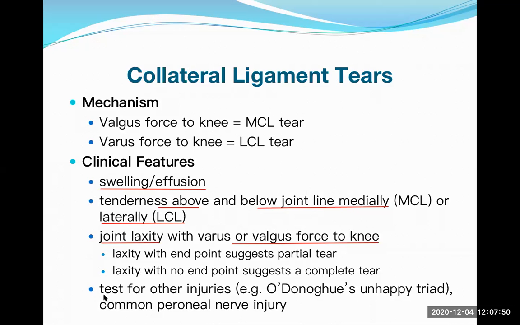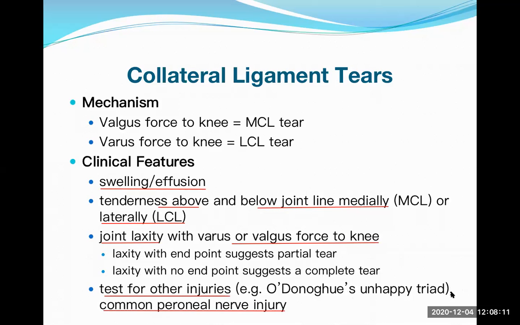At the same time, you should test for other injury. Remember the unhappy triad, or O'Donoghue's unhappy triad. So you have to examine for other types of injury like meniscal injuries and cruciate ligament injury as well. At the same time, examine for common peroneal nerve injury.